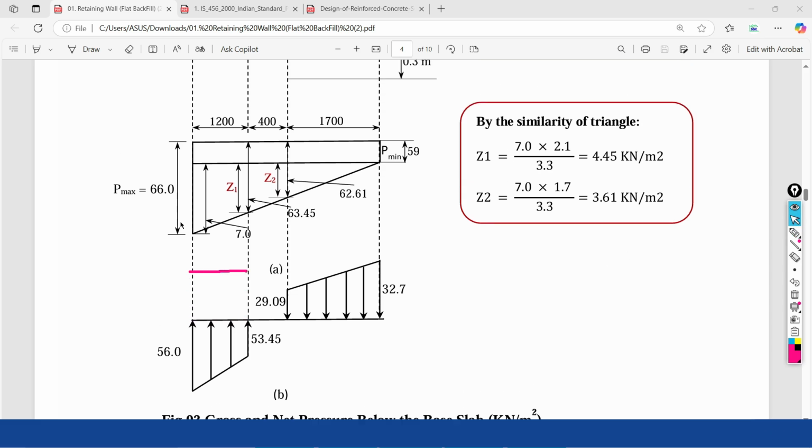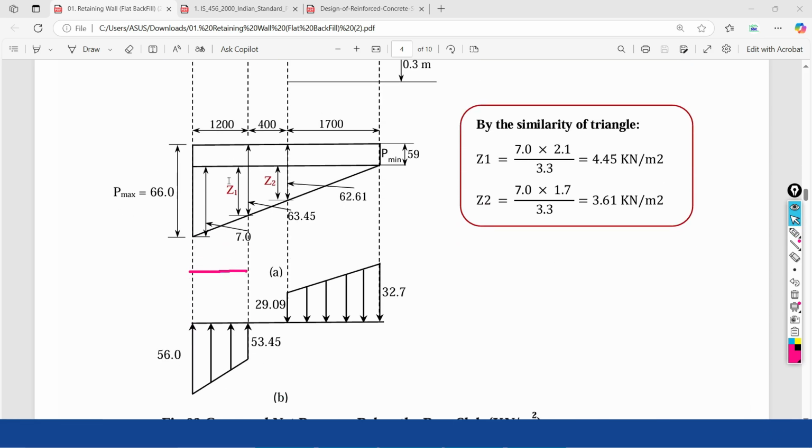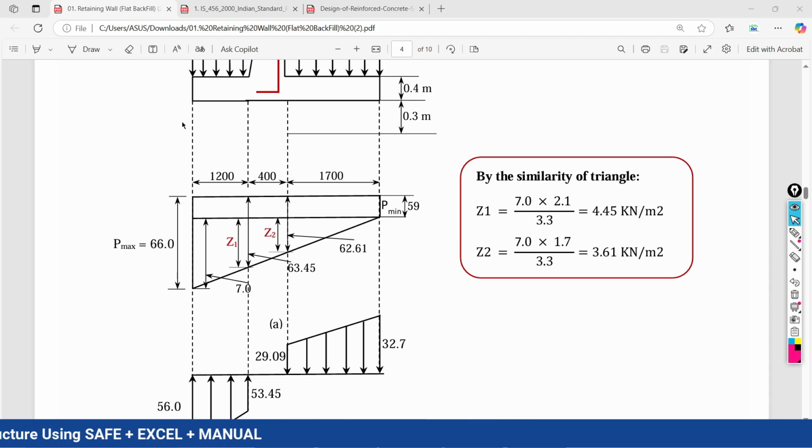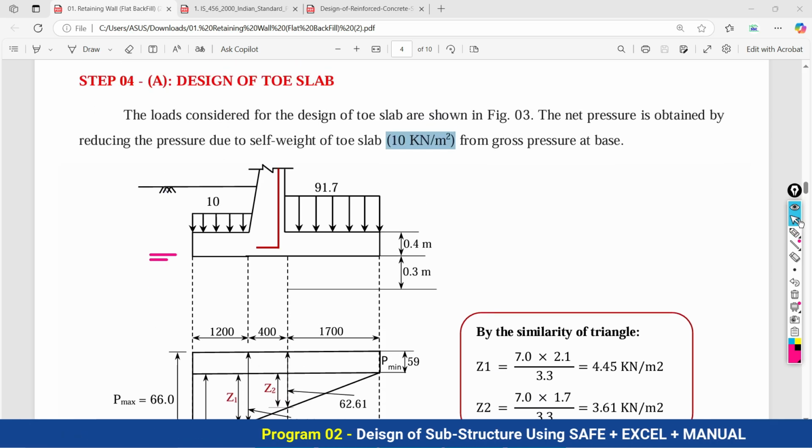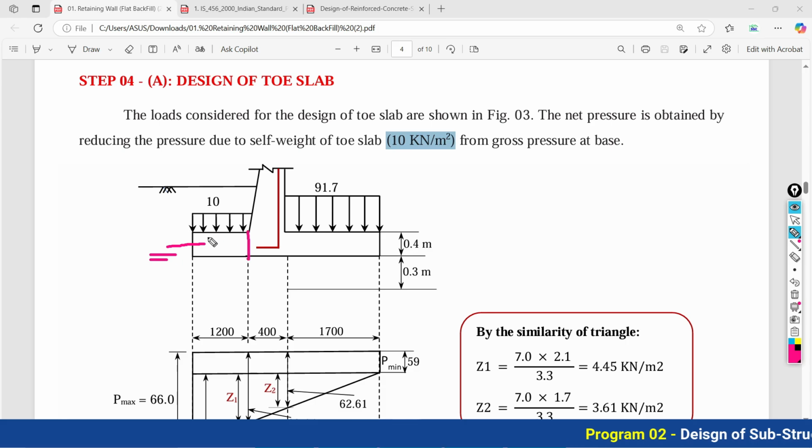For this toe portion we need to calculate the net pressure. How can you calculate this? Basically the upward pressure is 66 kilonewton per meter square, and the downward pressure includes the self weight of the toe part of the base, and second, the soil mass present on this side.